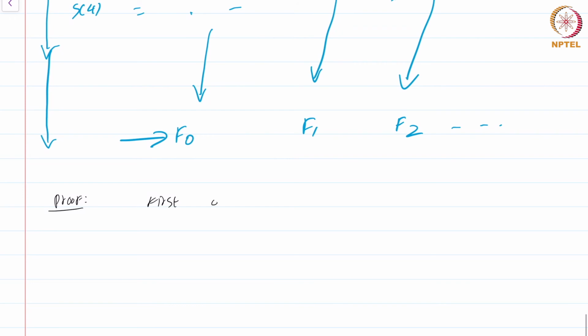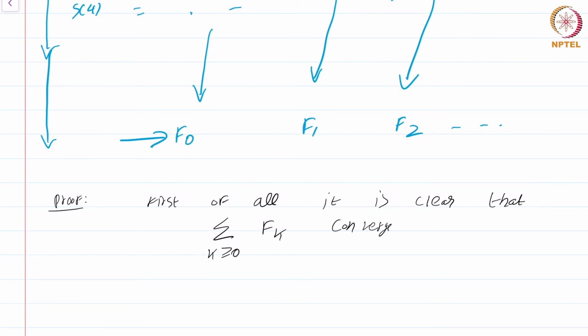First of all, it is clear that summation k greater than or equal to 0 of fk converges. In fact, absolutely.